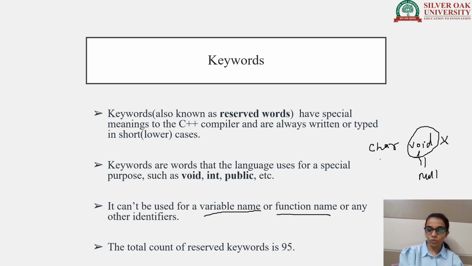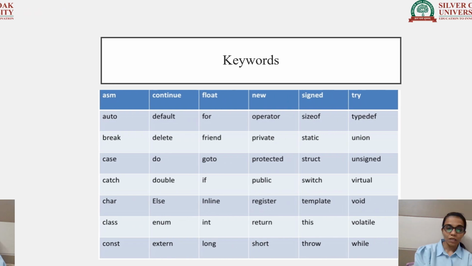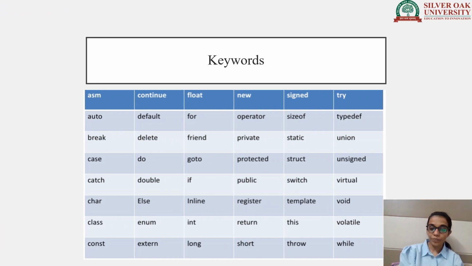Let me show you a few basic keywords. Total keywords are 95, and let me show you a few of them. These are some basic keywords which we have in the C++ language. As you can see, continue, float, private, static, switch, template, this, return, int, everything here comes under keywords.